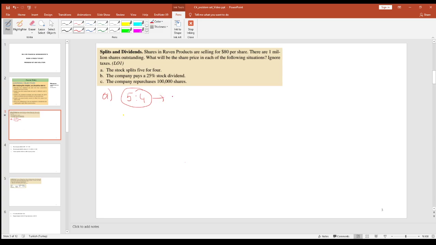How to treat this? Well, the price here is $80, and if we multiply this by a factor of 4 to 5, we find $64.